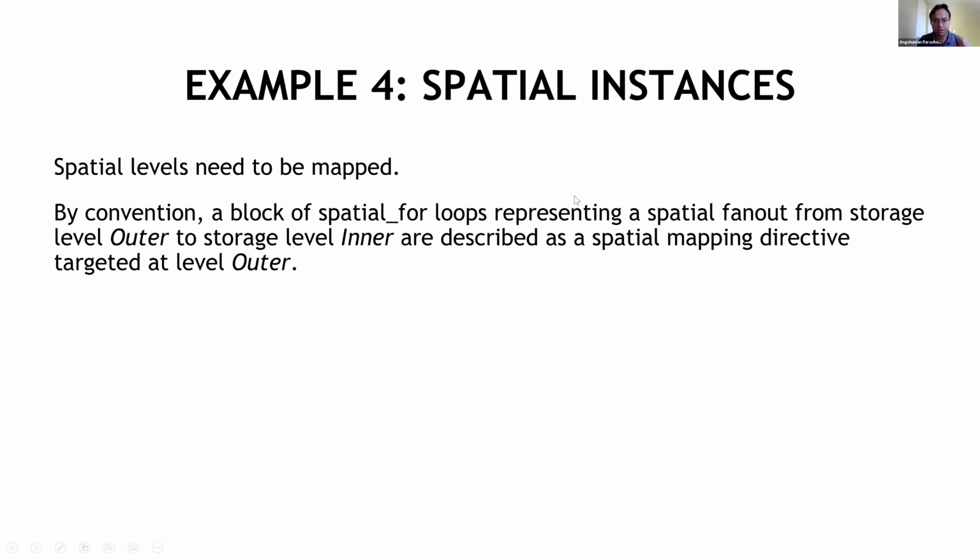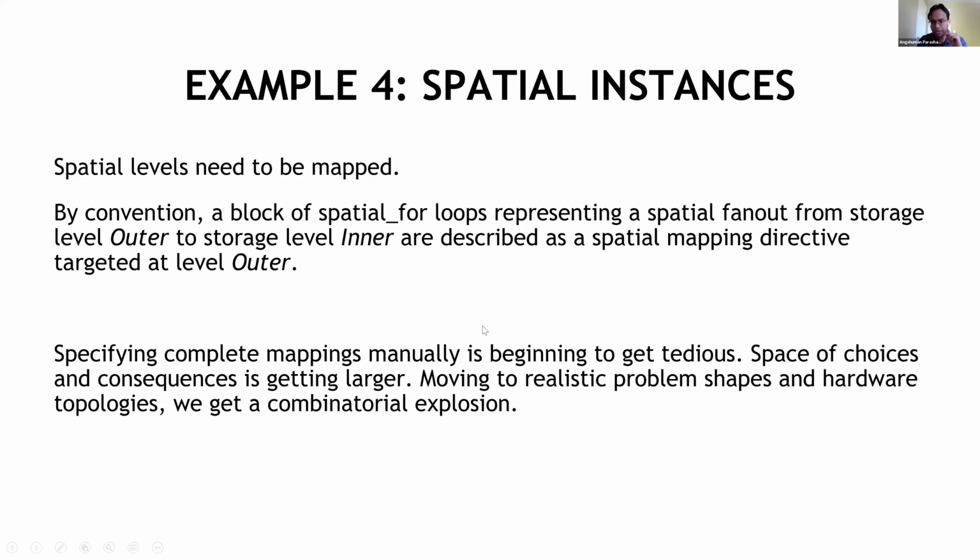I've already covered this, but I think what we're getting to is that specifying complete mappings manually is starting to get a little tedious. We've been describing these mappings randomly, maybe using some intuition, but largely randomly.